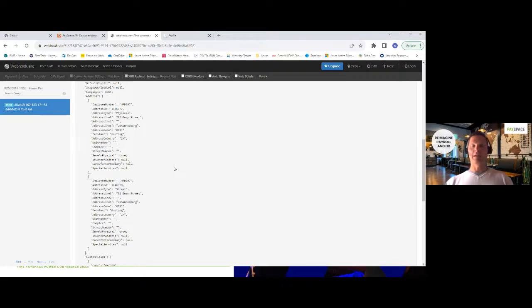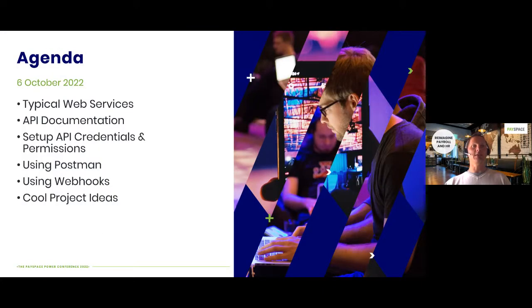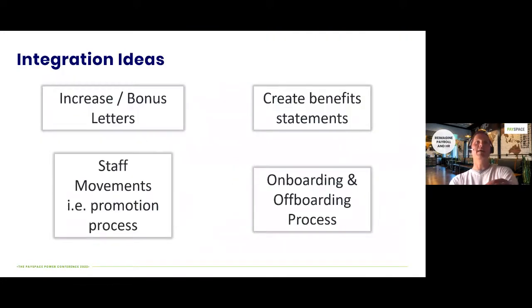All right, lastly and not least, I'd like to showcase some other cool ideas that we have available to you and that you can build within your environment. The ability to construct and send increase and bonus letters is a good idea.